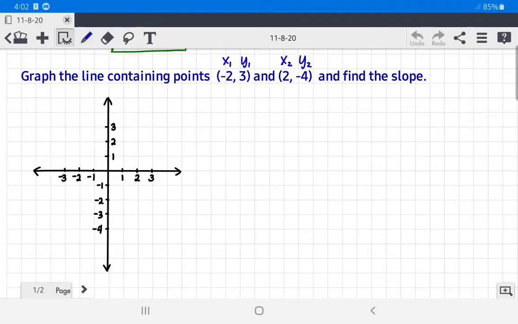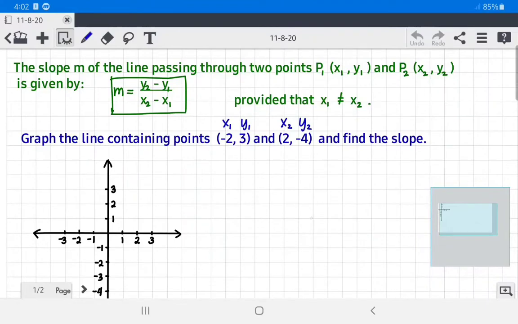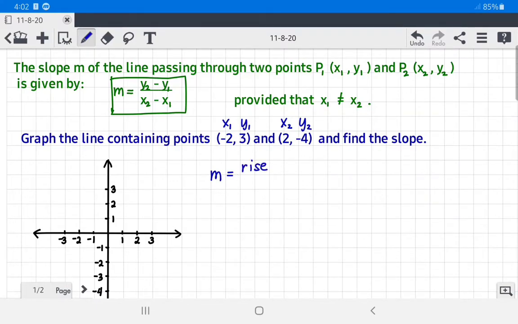So, going back to the definition of the slope, m is equal to the change in y, this is the rise, over the change in x, or the run.